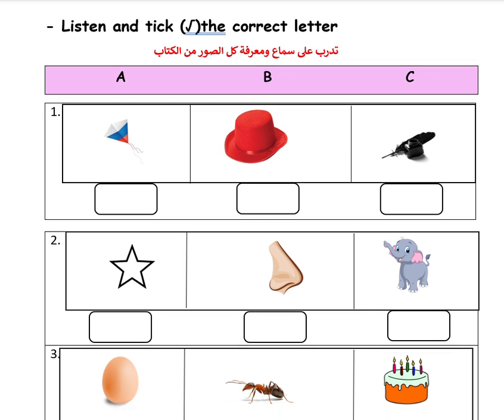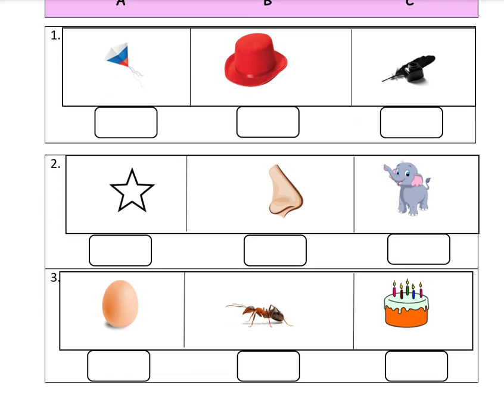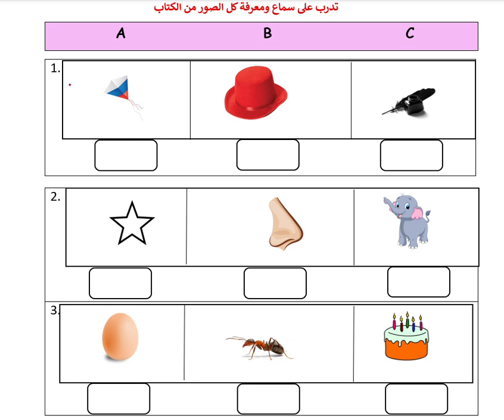All right, it says here listen and tick. Okay, in number 1, there are 3 pictures. In number 2, there are also 3 pictures, and it is the same with number 3. So you have to listen and tick the picture, the correct one.